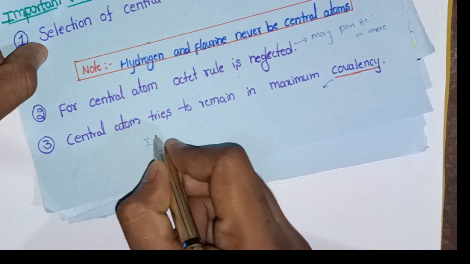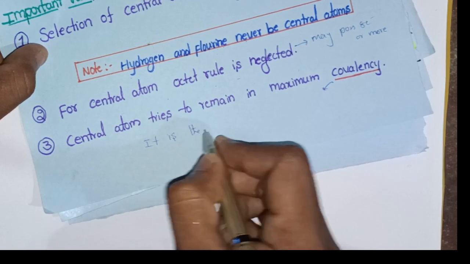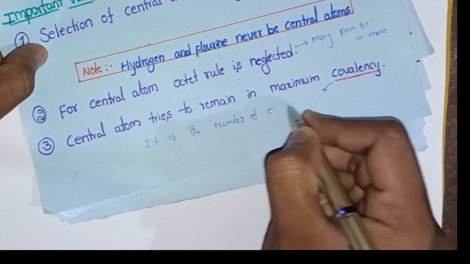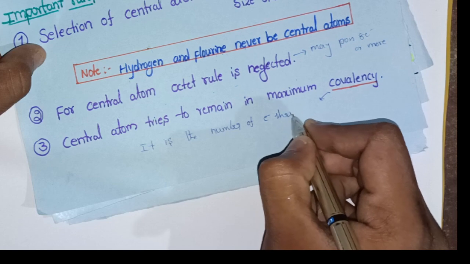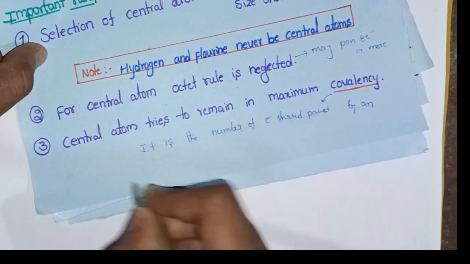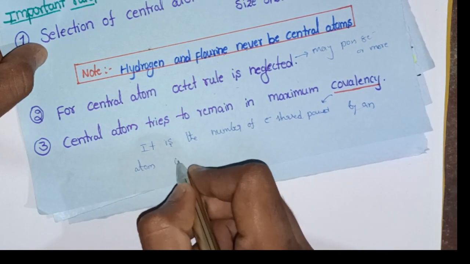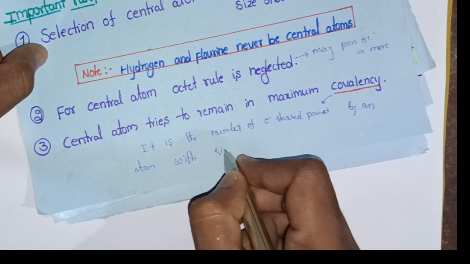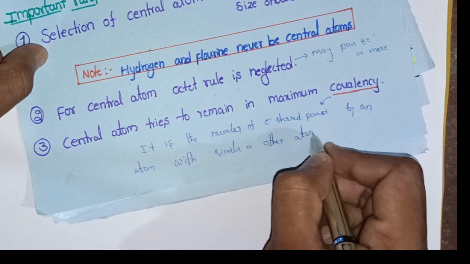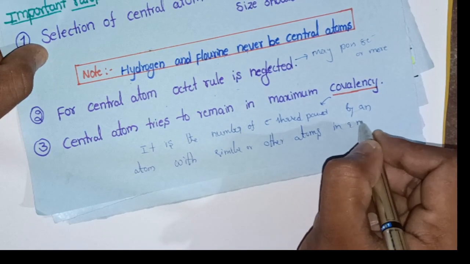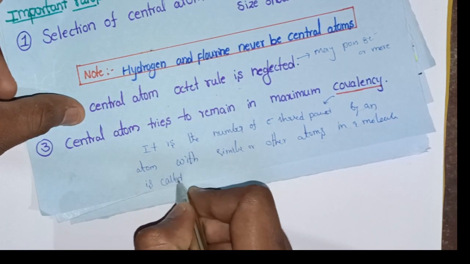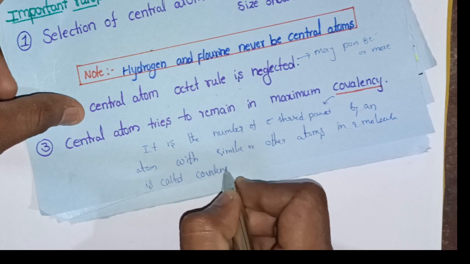It is the number of electron pairs shared by an atom with similar atoms or other atoms in a molecule is called covalency.